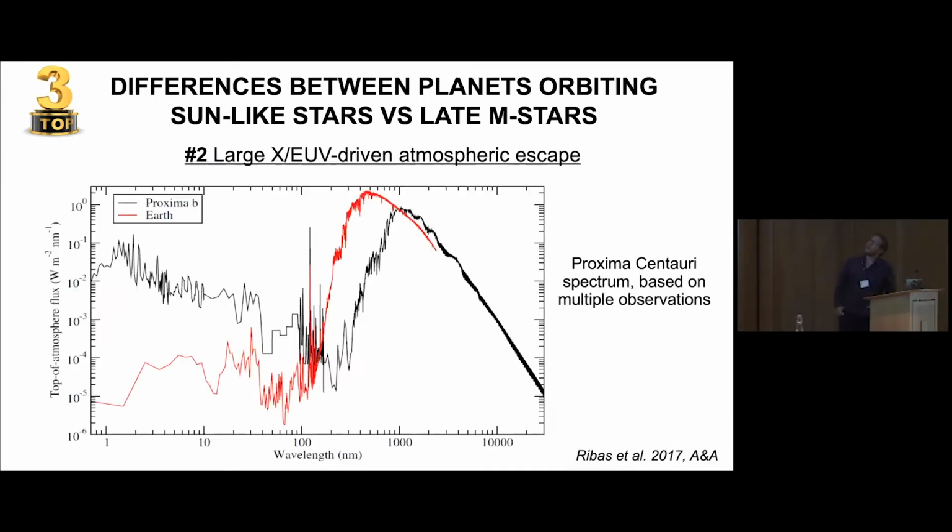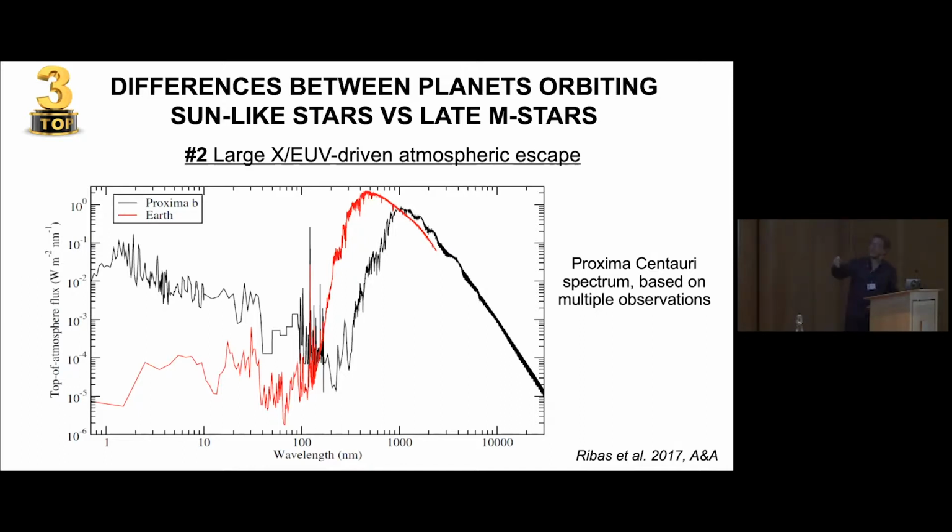The second difference you need to account for is the non-thermal emission of the star. Here is an observational spectrum of the top of the atmosphere flux received on Earth, in red, and in black, the top of the atmosphere flux of Proxima b.